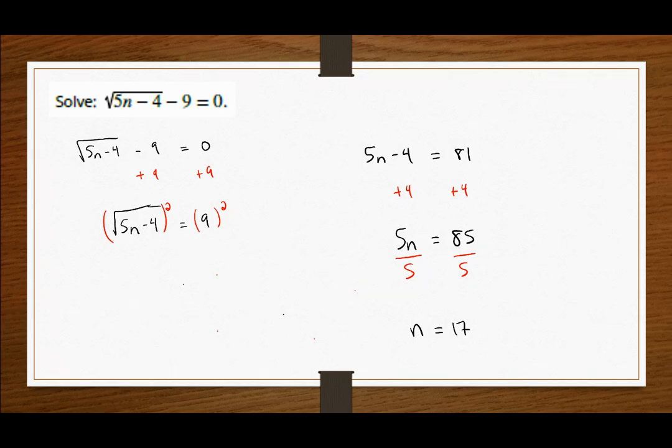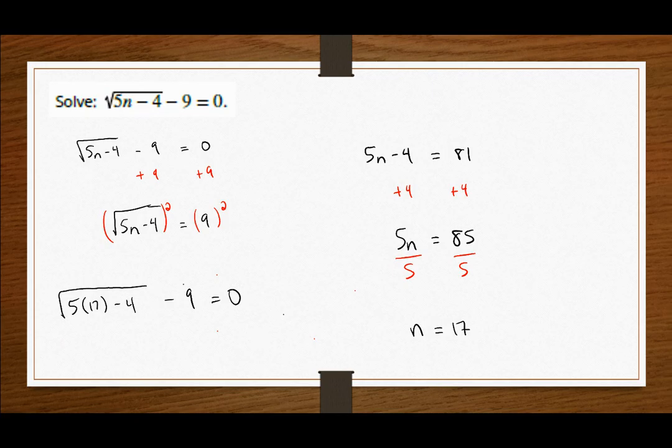So before we declare victory, again, we need to ensure that the number we got here is actually going to give us a true statement back in the original problem. So when I plug into the original equation n equals 17, I get something like the square root of 5 times 17 minus 4, minus 9, should be equal to 0.